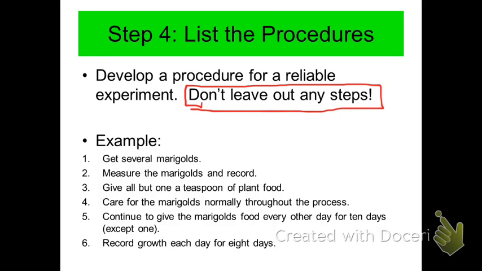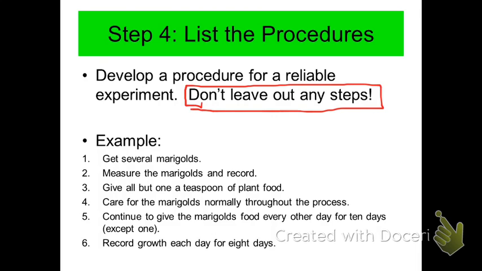We care for the marigolds normally throughout the process. Number 5, we're going to continue to give the marigolds food every other day for 10 days, except that one that we're not giving any plant food. And then number 6, we're going to record the growth each day for those days.